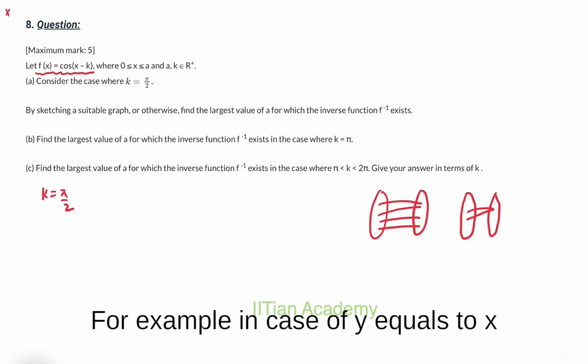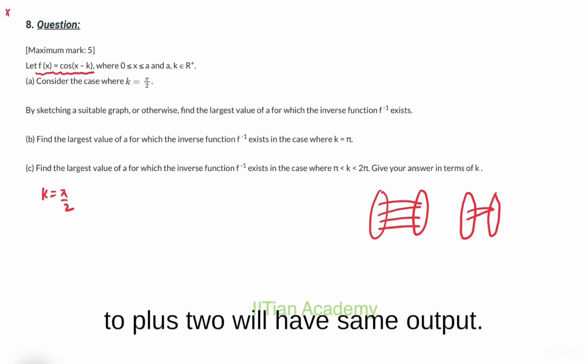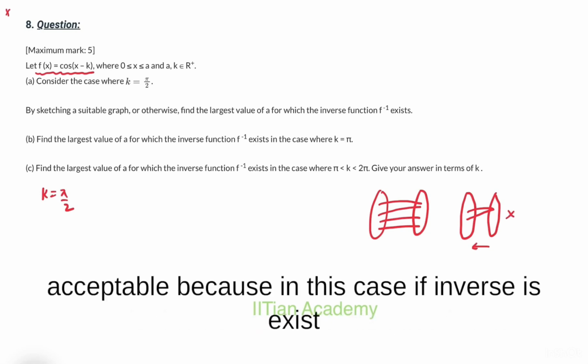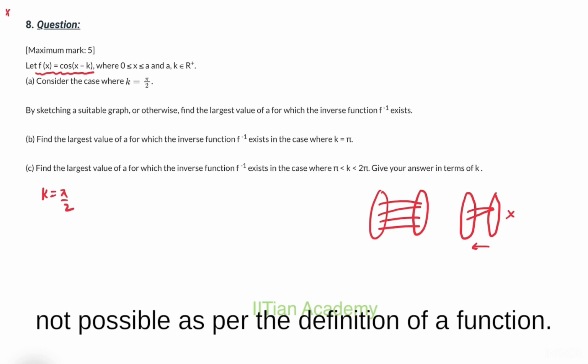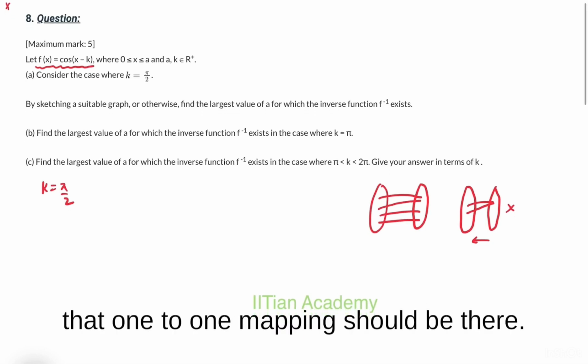For example, in case of y = x², x = −2 and x = +2 will have the same output. But for an inverse to exist, this case is not acceptable, because then a single input will have two outputs, which is not possible as per the definition of a function. So for an inverse to exist, it is a must that one-to-one mapping should be there.